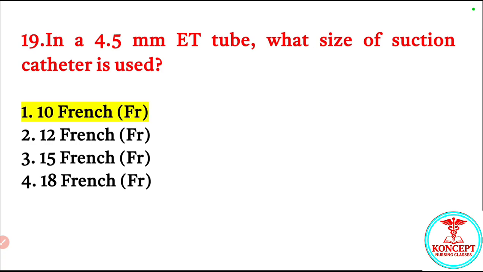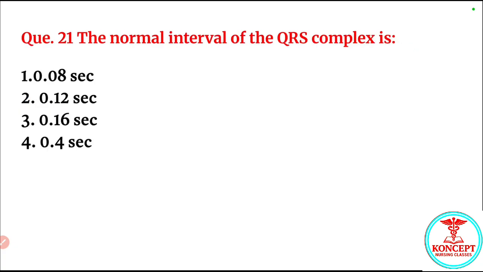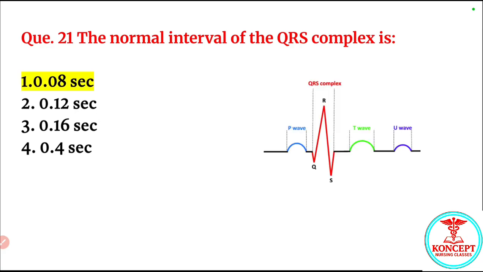Correct answer is option 1, 10 French. Next, WHO declared COVID-19 a public health emergency on. Correct answer is option 2, 30/01/2020. Next, the normal interval of the QRS complex is. Correct answer is option 1, 0.08 second.